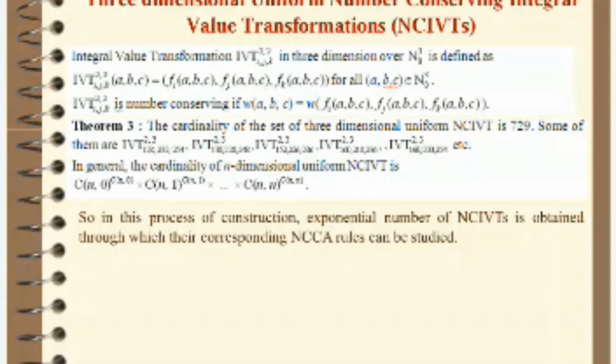So in general, the cardinality of n-dimensional uniform NCIVT is Cn0 to the power Cn0 into Cn1 to the power Cn1 into, in this way, up to Cnn to the power Cnn. So in this process of construction, an exponential number of NCIVTs is obtained through which their corresponding NCCA rules can be studied.